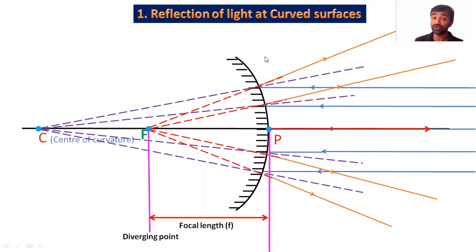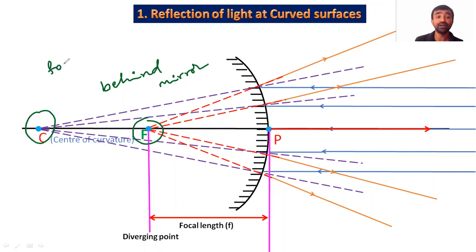But what you need to identify: here, the center of curvature and the focus are behind the mirror. They are behind the mirror. For which mirror? Convex mirror. For a convex mirror, F and C are behind the mirror. Is it clear?